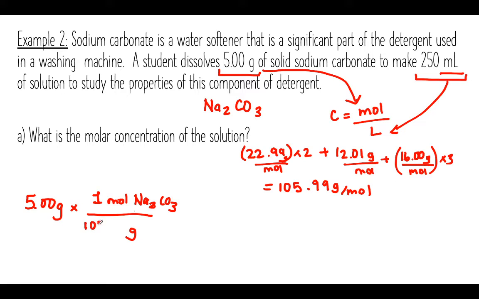And that's what I'm going to put down here, 105.99 grams for every 1 mole of sodium carbonate. So basically, this allows me to make that conversion to moles of sodium carbonate.